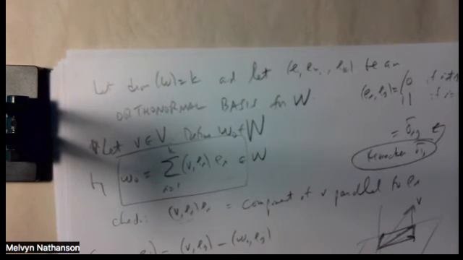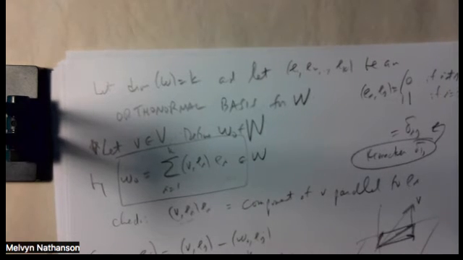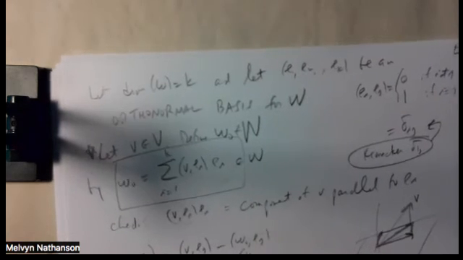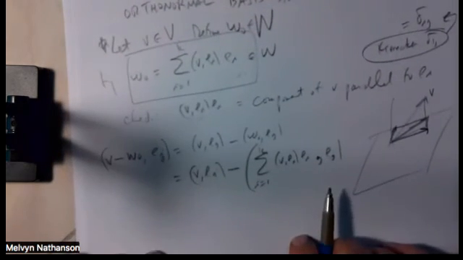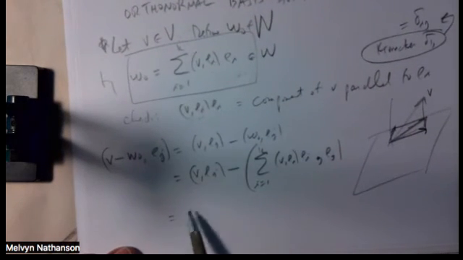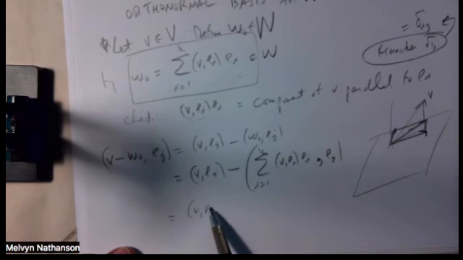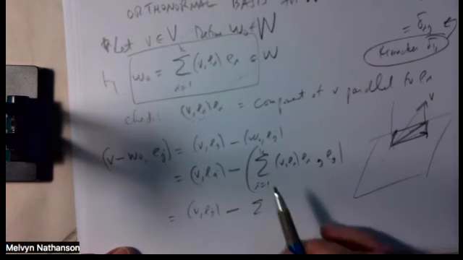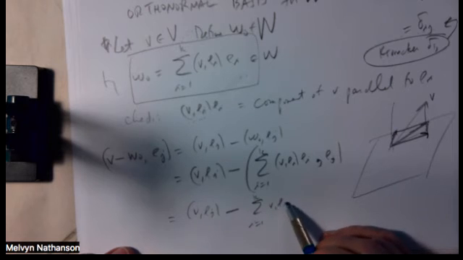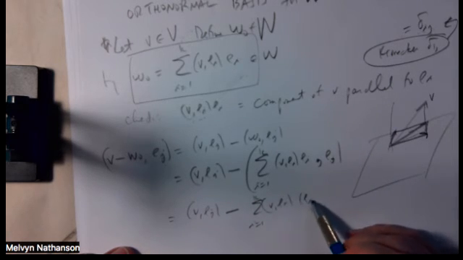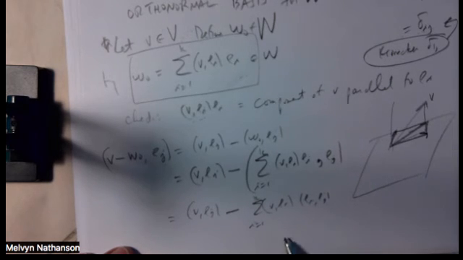This is V, EJ minus, and W0 is this: W0 is the summation, I goes from 1 up to k, of the inner product of V with EI times the vector EI. That inner product with EJ, by the bilinearity, is V, EJ minus the summation, I goes from 1 up to k, of V, EI times the inner product EI, EJ.